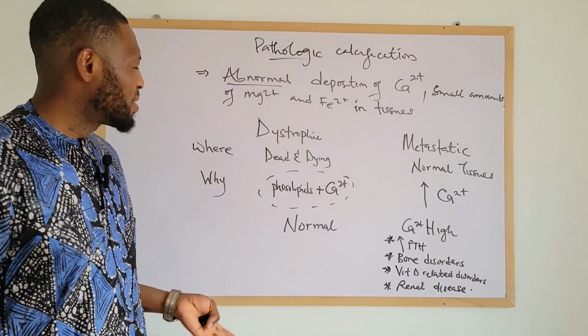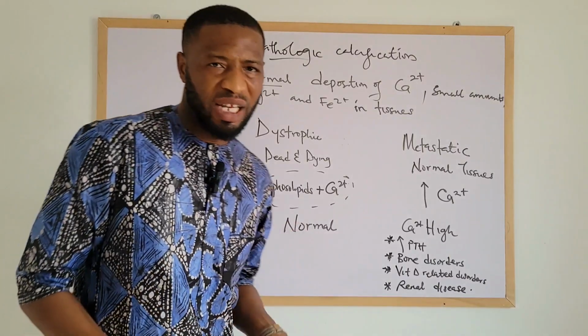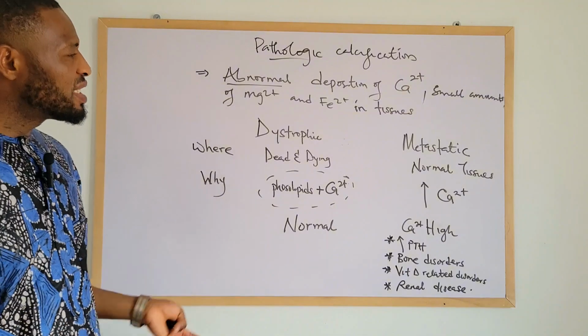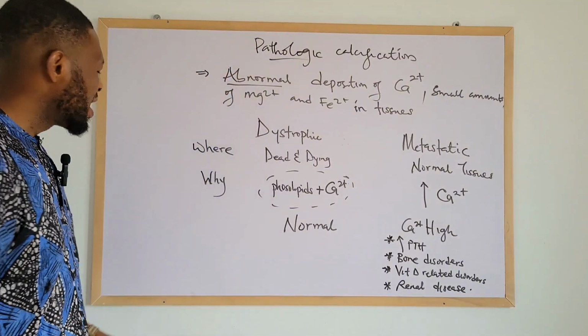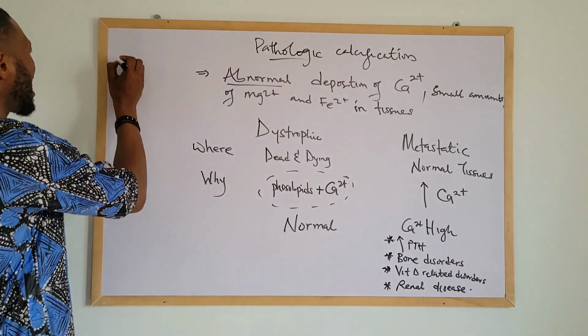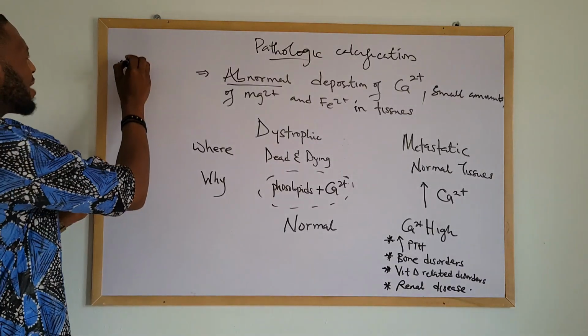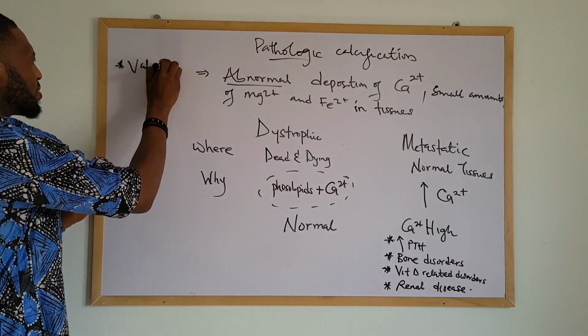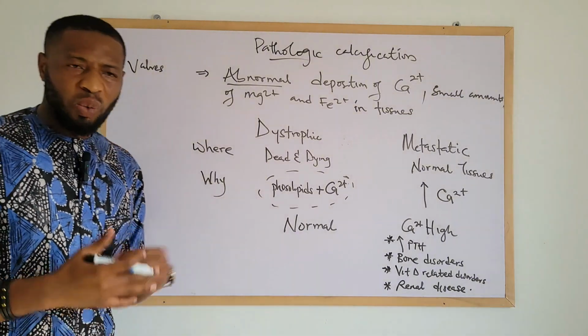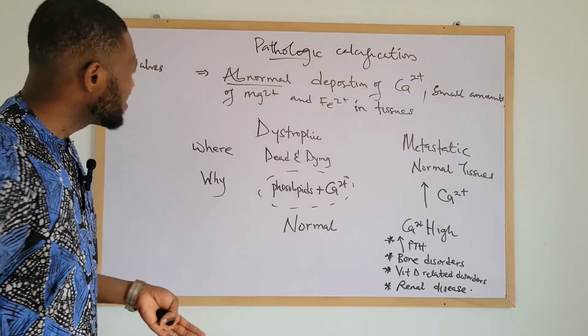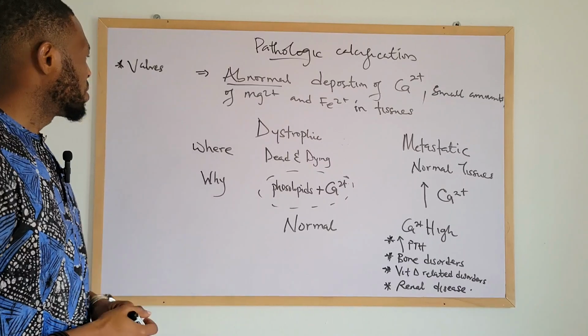Why are these pathologic calcifications a problem to us? Okay, most of the time these calcifications may not cause any problem. However, in some cases, when they happen in the valves of blood vessels, okay, they can impair cardiac function when the valves of blood vessels are calcified, okay, as a result of disease.